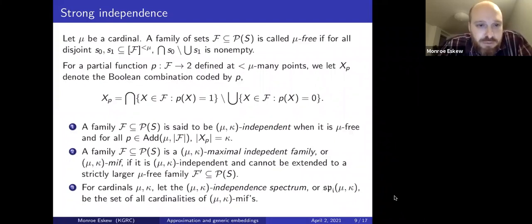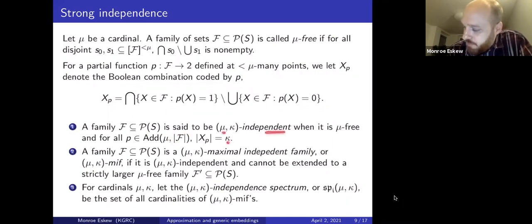So we say a family is mu-kappa independent when it is mu free and for all p in the co-enforcing, so these partial functions are of course elements of the forcing adding f many subsets of mu, it says any less-than-mu Boolean combination gets you not only a non-empty set, but a set of size kappa.